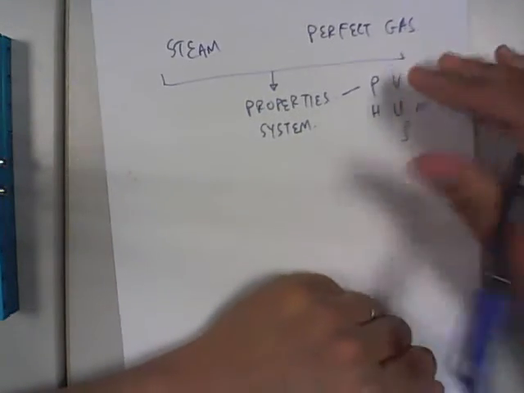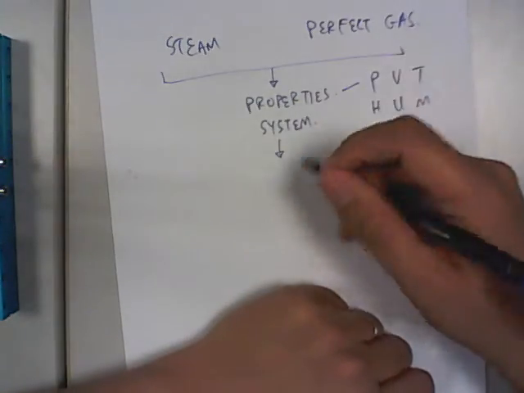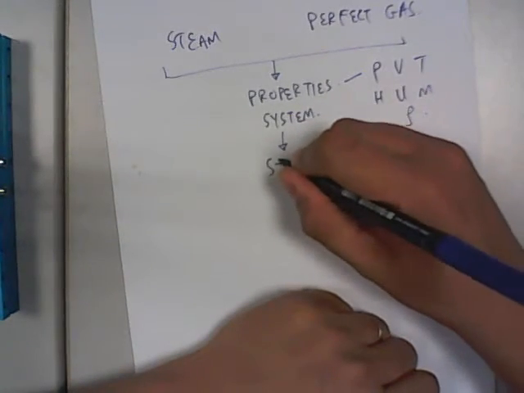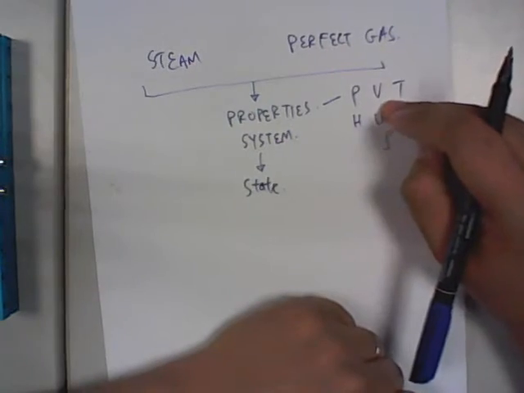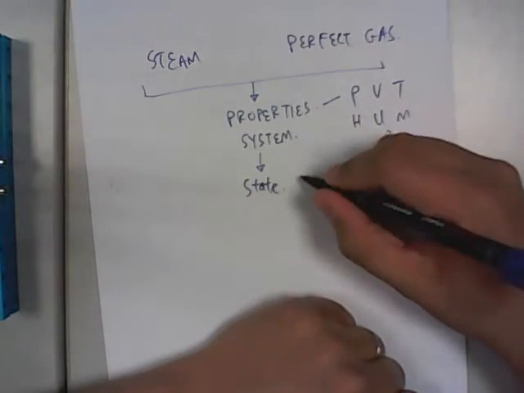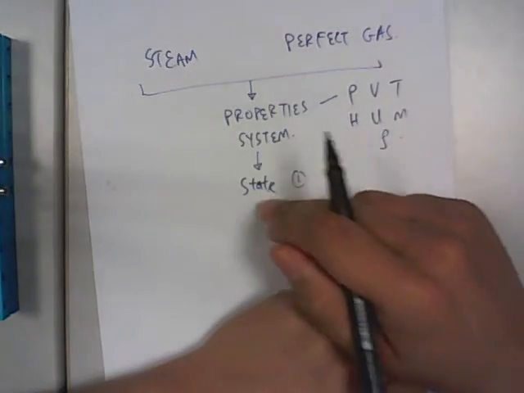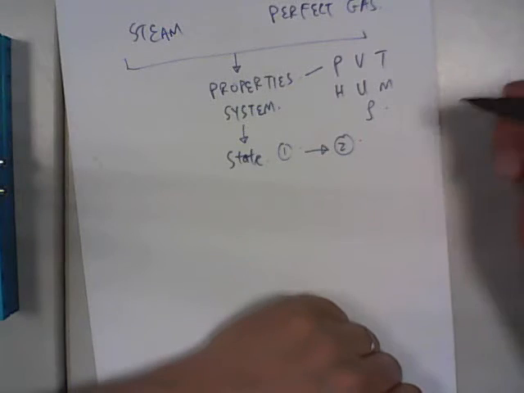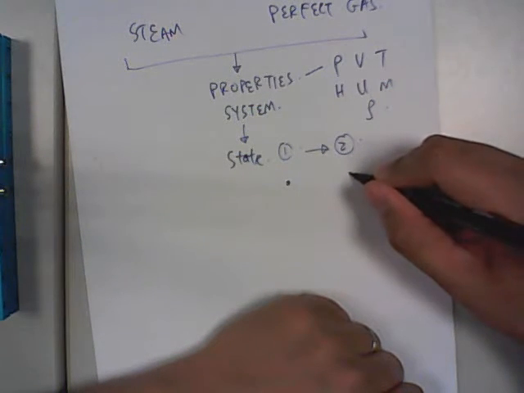Okay, so as you go to a certain configuration of the properties, right, it gives you a state. So at a certain pressure, at a certain volume, at a certain temperature, you have one state. Okay, and when this fluid goes from one state to the next, it is something like from one point to the next point.